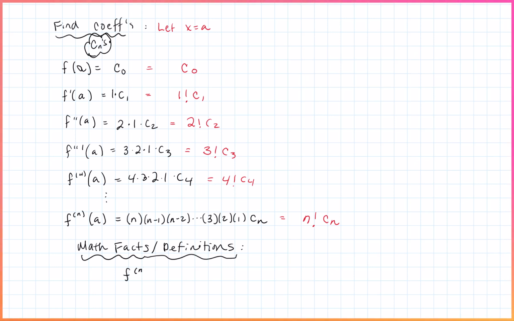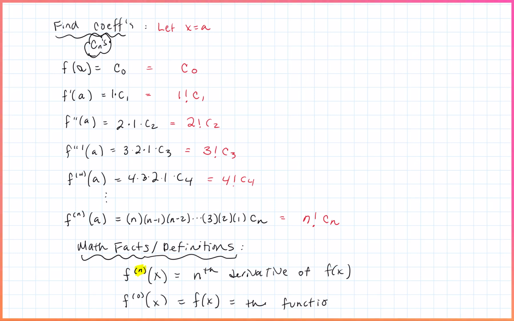When we write f and put a little n up here in the parentheses, I think we all know this already, and I actually used it above, but that is the nth derivative of f of x. So if I put a 0 right there, that is just the function. One way to think of that is it's the 0th derivative, or just the function itself, with no derivatives.